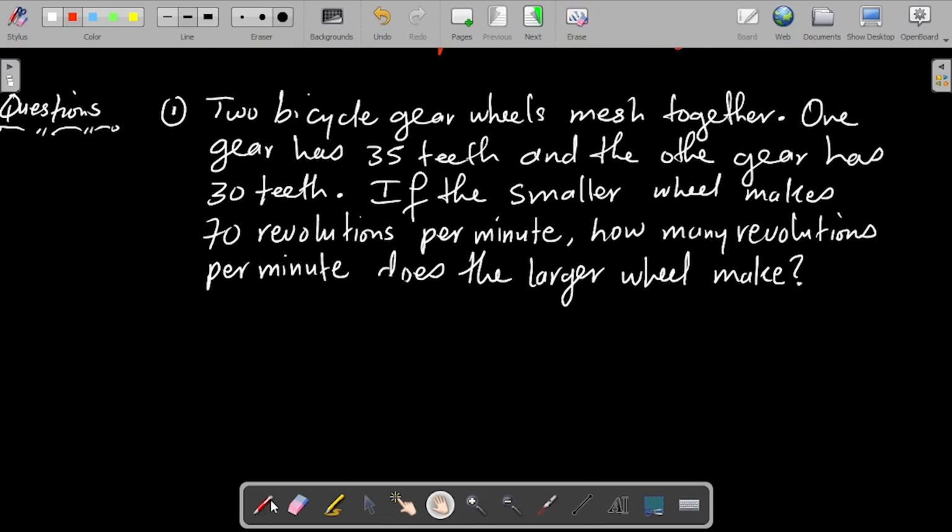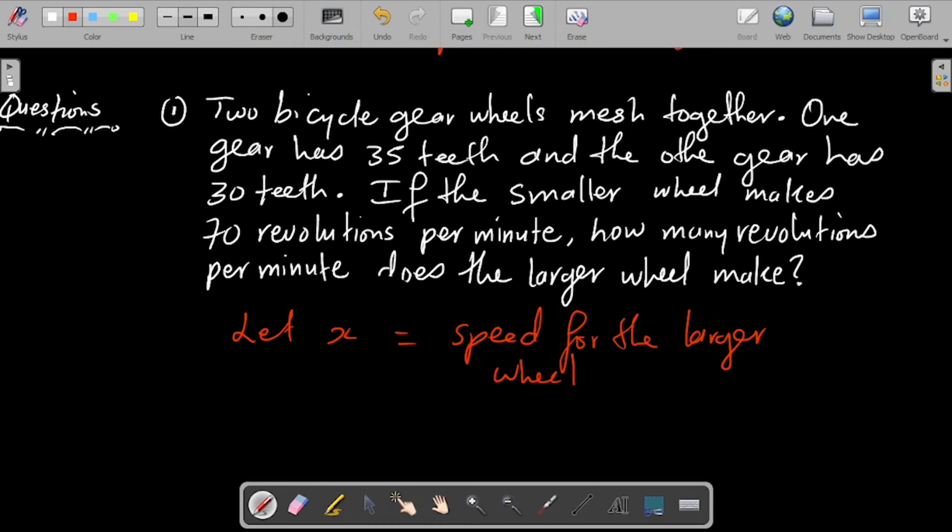Before we go ahead and solve the question, we have to make an assumption. Our assumption would be to let x be equal to the speed for the larger wheel. The reason I said speed is because the question asks, if the smaller wheel makes 70 revolutions per minute, how many revolutions per minute does the larger wheel make?